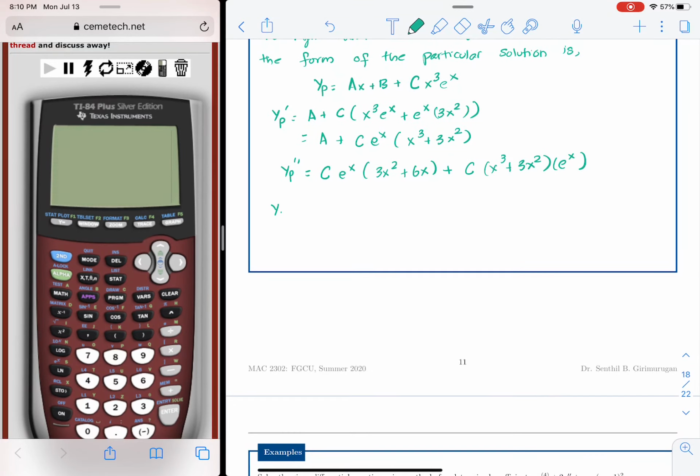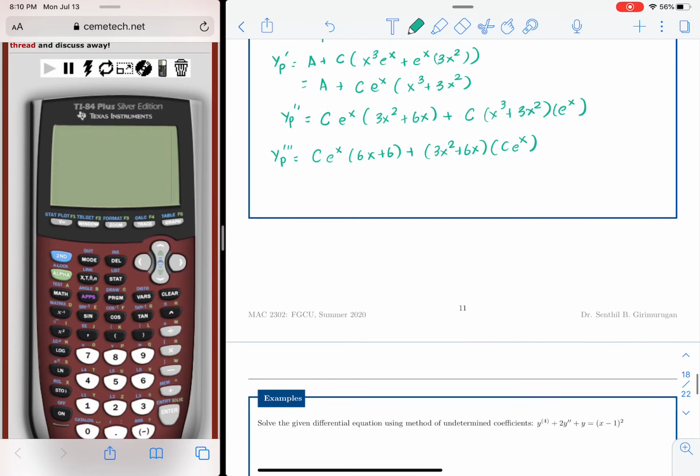And yp triple prime, c e raised x, 6x plus 6 plus 3x squared plus 6x multiplied by c e raised x. And the last term we have c x cubed plus 3x squared e raised x plus c e raised x, 3x squared plus 6x.